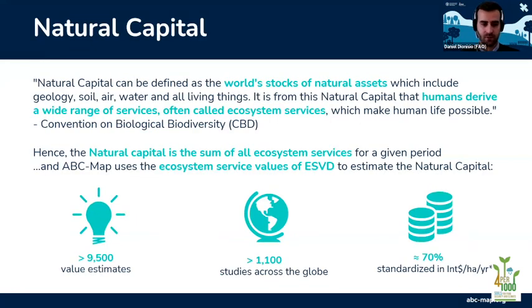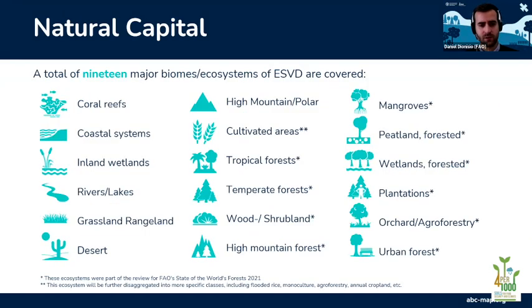We have natural capital, which expresses the ecosystem services provided by the area of interest in dollars. This is work that we are doing with the Foundation for Sustainable Development in the Netherlands, and it accounts for a total of 19 major biomes.